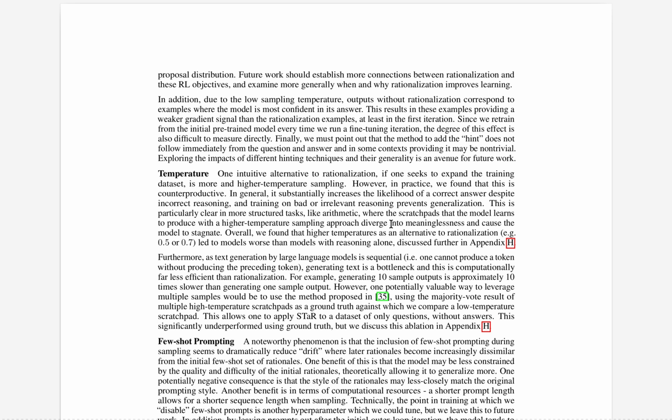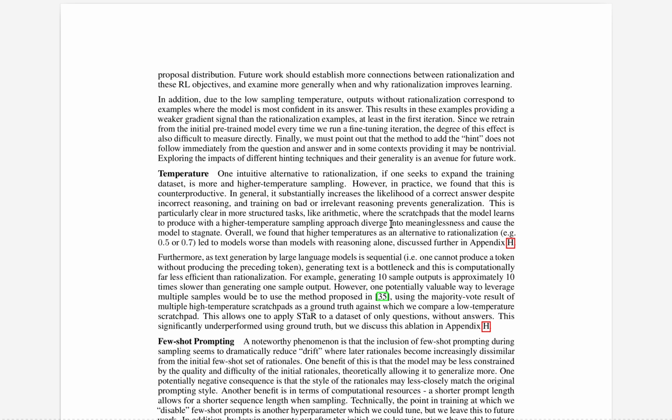In addition, due to the low sampling temperature, outputs without rationalization correspond to examples where the model is most confident in its answer. This results in these examples providing a weaker gradient signal than the rationalization examples, at least in the first iteration.